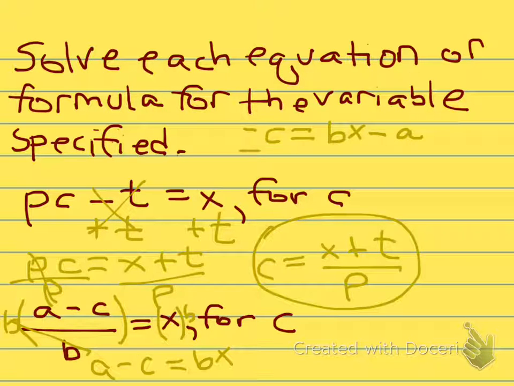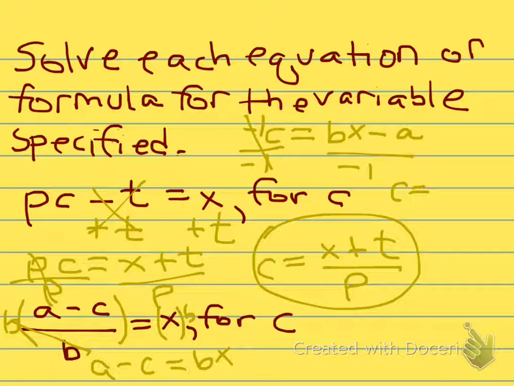So that means I would need to divide by negative 1, since there's a negative 1 there. And to cancel out the negative sign, I'm dividing by negative 1 on the other side. So I get c equals bx minus a over negative 1. Now I can simplify this by basically changing the signs.